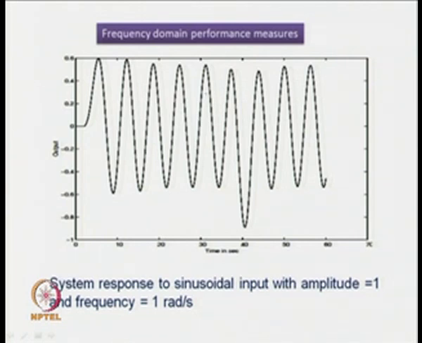Apart from the stability of the system, as the input is sinusoidal, obviously the output is sinusoidal, which is a stable one, if we see over here, before some disturbance occurs at time t equal to 35 second. Again the disturbance has been rejected successfully and we come back to the stable response.